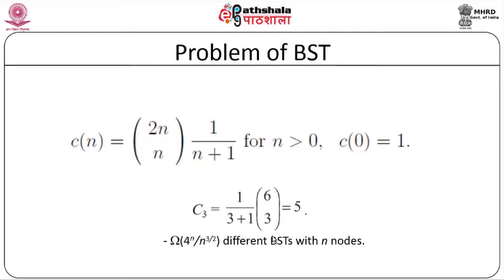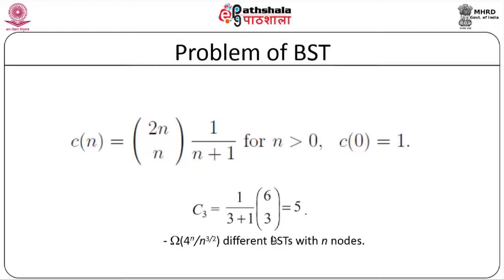It is going to be omega of 4 power n divided by n power 3 by 2. In other words, this is an exponential problem, and as n increases, the number of possibilities becomes more and more, so it is practically difficult to implement this sort of approach.